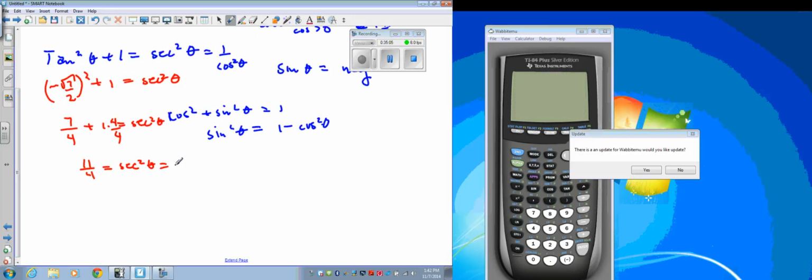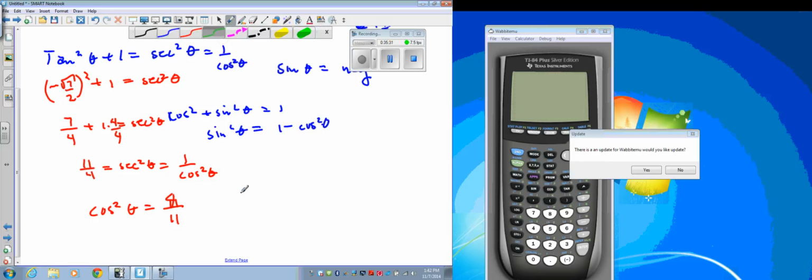But that's 1 over cosine squared. So now I'm going to invert this and invert that. So I get cosine squared theta is 4 over 11. And then I'll go up and put that in this equation. So I have sine squared equals 1 minus cosine squared.